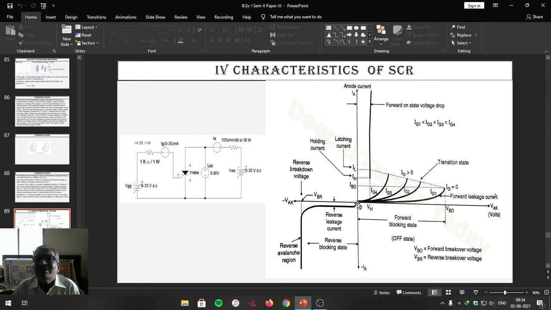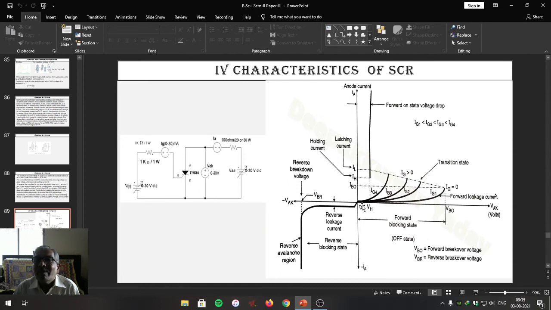Thus, from 0 volt to VBO, which we can call the forward breakover voltage, the SCR doesn't conduct current. This particular region is known as the forward blocking region. This particular state we can call the forward blocking state.